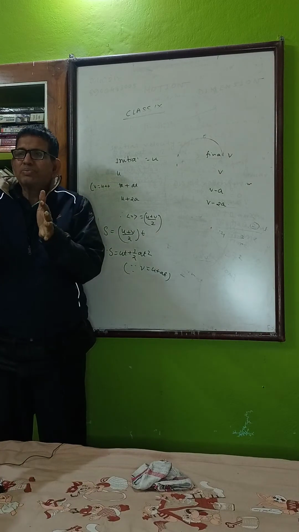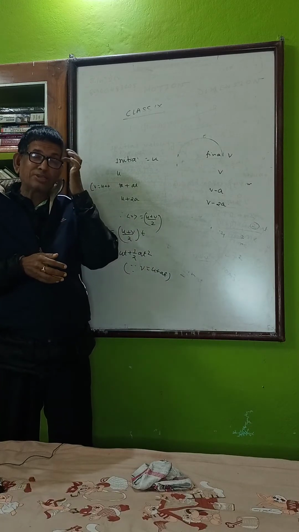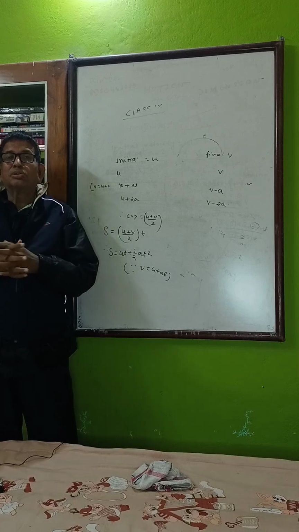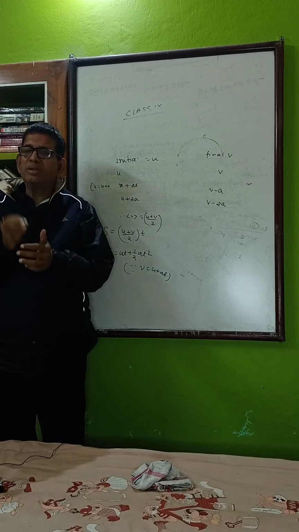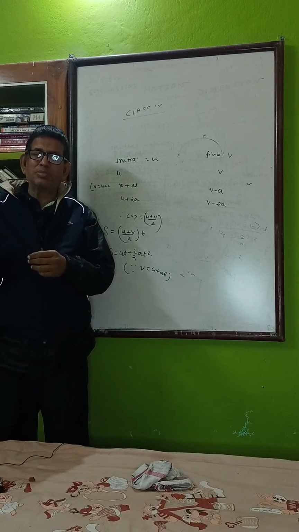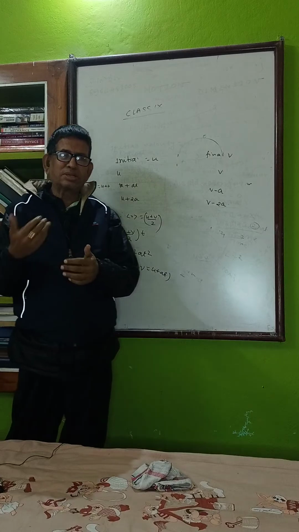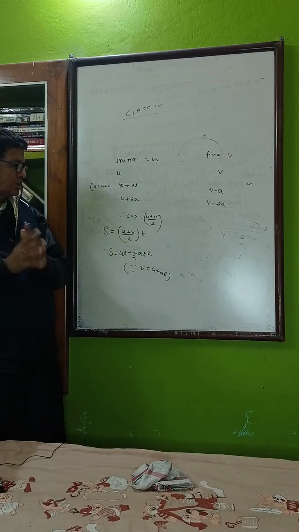And there are some physical quantities having magnitude and direction, which follow the law of vector addition, as for example displacement, velocity, acceleration, retardation, momentum, force, electric intensity, magnetic intensity, like this. Momentum I have told already.